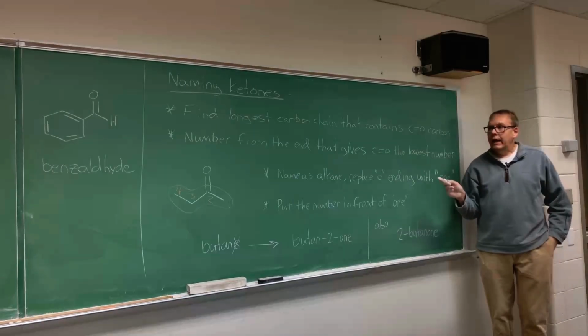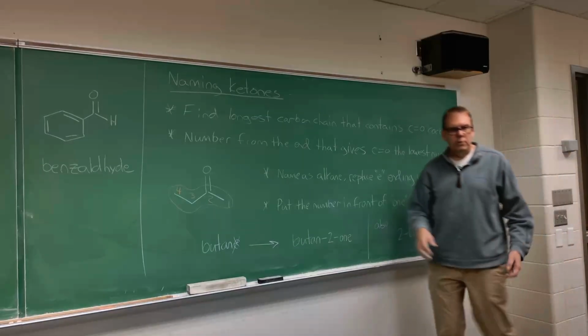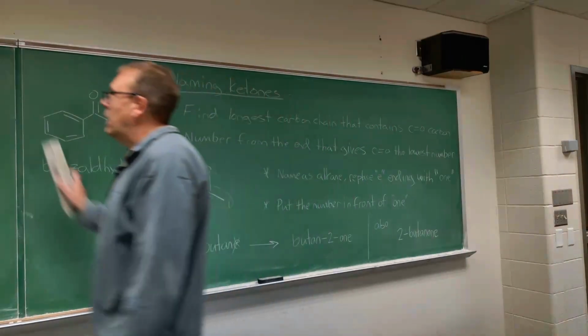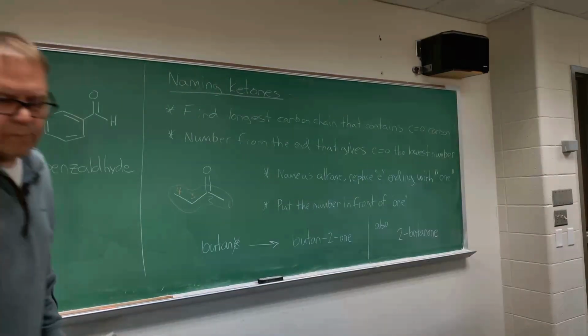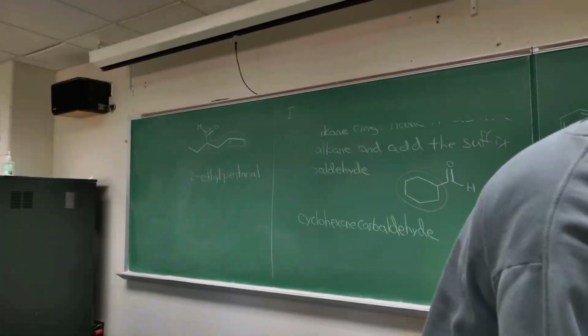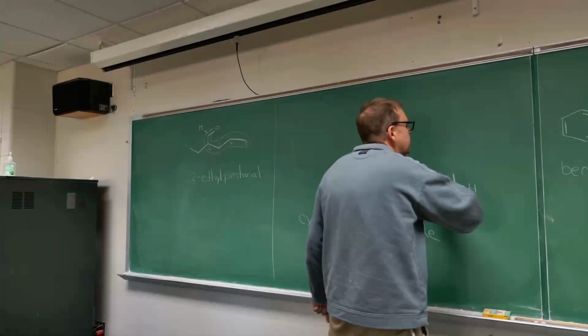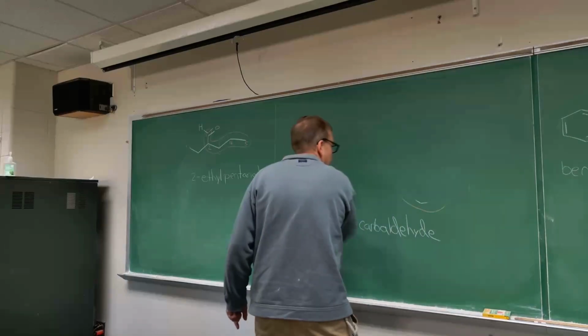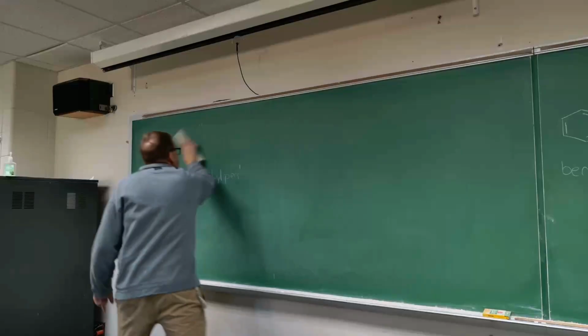So that's acyclic ketones. Cyclic ketones are a little simpler because they don't have an end to the chain. They have a ring, and the rules get simpler then, because you can just say that the carbonyl group defines the number 1 position on a cyclic ketone, and that's the way that it works.